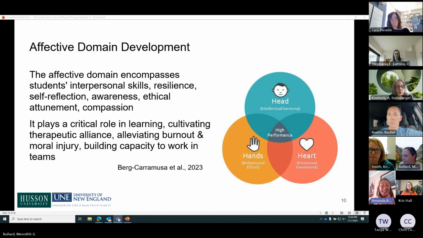It's the clinical setting that really helps us develop these habits of the heart, not so much the classroom. And that's why these clinical rotations are instrumental for students, so that they can really develop and cultivate the therapeutic education alliance with their patients, with their CI, and with their clinical education teams. So go ahead and advance.